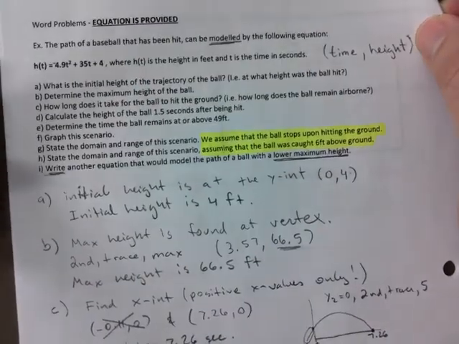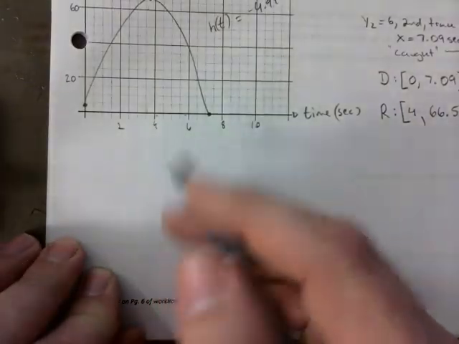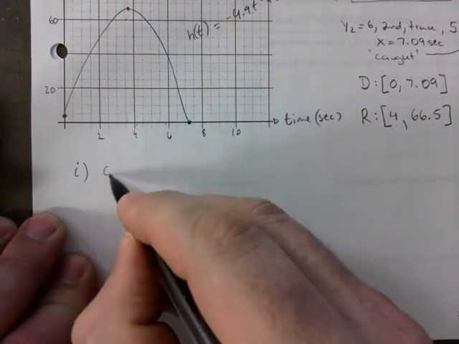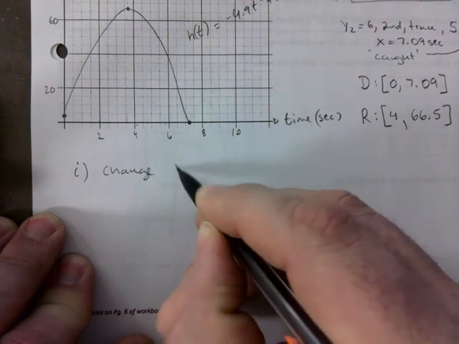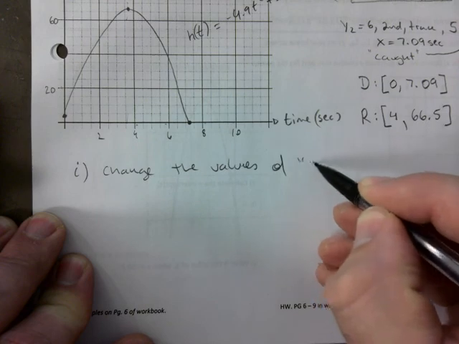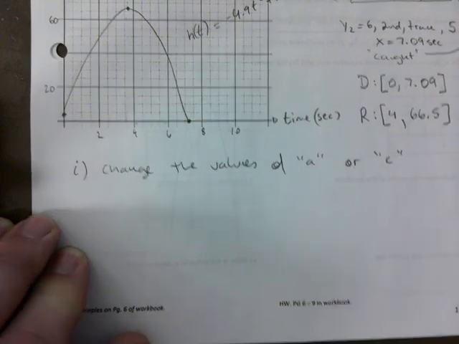How would you do that? This is where you need to know your A, B, and C, right? And here we would say change the values of A or C. I would focus on those two values.